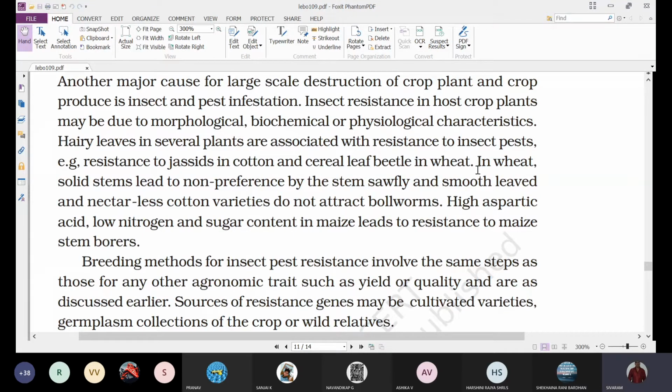So instead of hollow stems, if we develop solid stems in wheat, then we can protect that wheat crop plant from infestation with the stem sawfly.